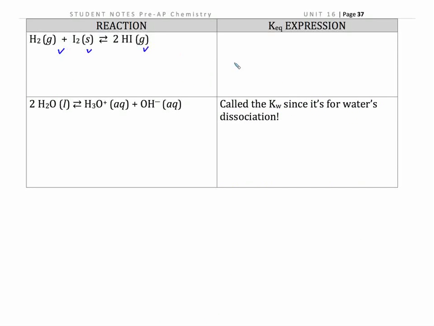All right, we have a gas, we have a solid, we have a gas. So KEQ will equal my product on top always, squared because of the balancing coefficient, over H2. I do not put the I2 in the expression. Okay, now this next one, pure liquid, aqueous, and aqueous.